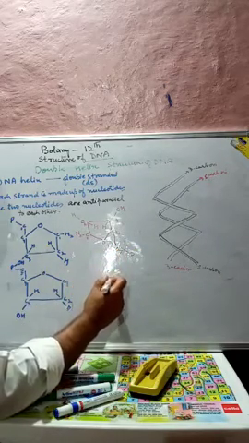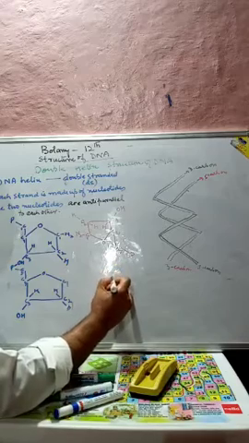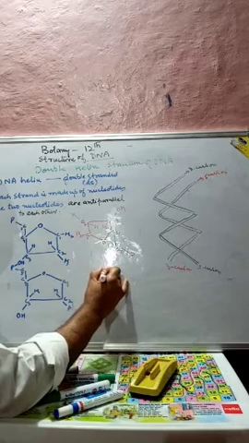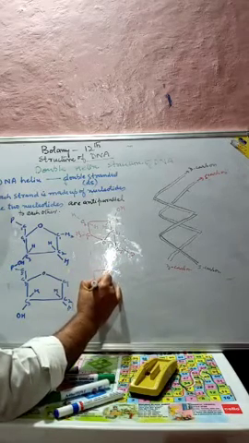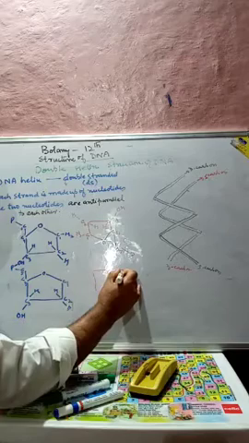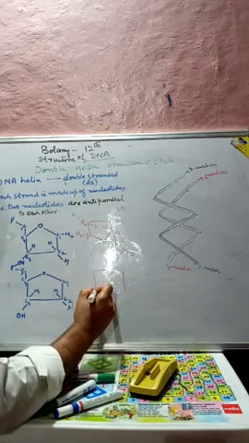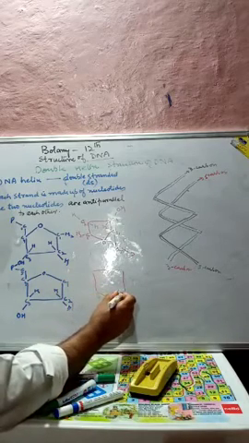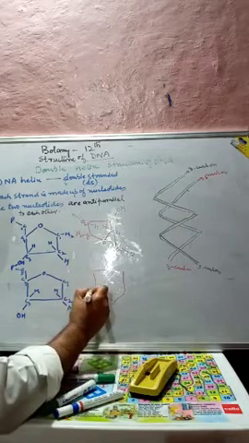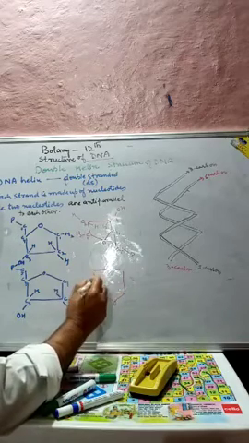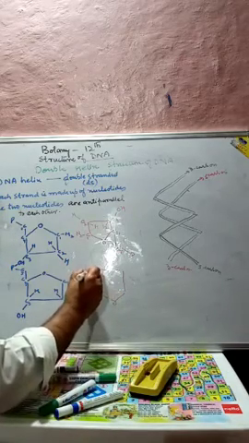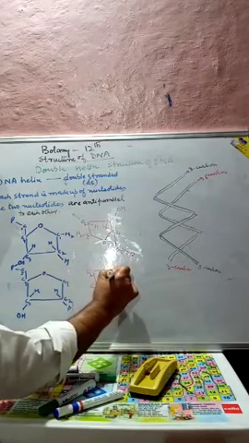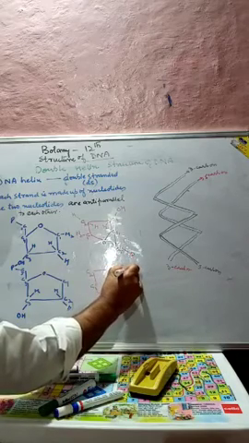Now we will try to draw another one. C1, carbon first, this is carbon second, this is carbon third, this is carbon, and here it is hydrogen and hydroxyl.